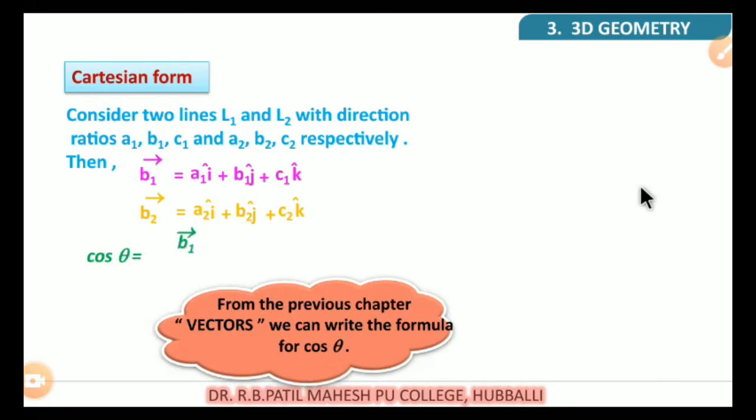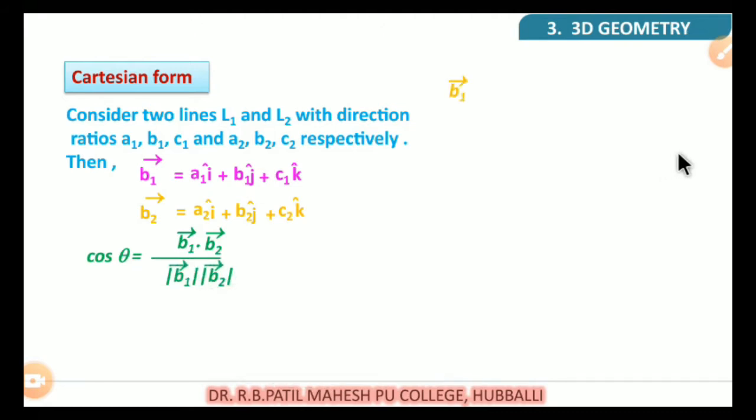Now we can write down that cos theta formula, that is cos theta is equal to b1 dot b2 divided by magnitude of b1 into magnitude of b2. Therefore first find out b1 dot b2. Here this is the sum of product of corresponding components. So a1 into a2 plus b1 into b2 plus c1 into c2.